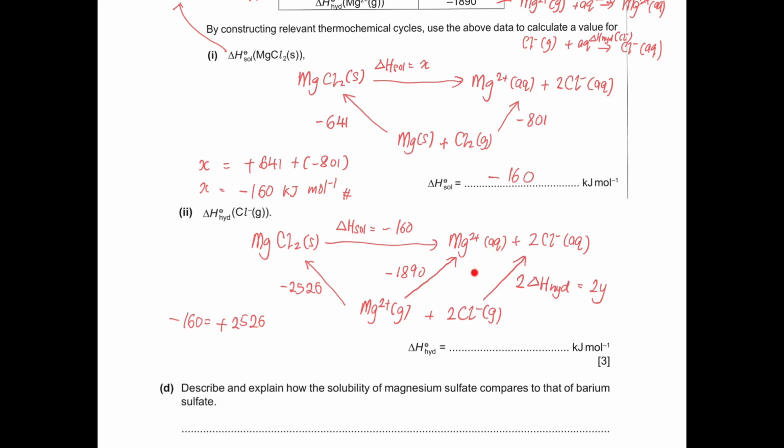Now we have to do the second step by going up. Going up is not against the arrow, it's just following the arrow, so we are not going to change sign, we just take the value straight away. So the first value, negative 1890 plus 2y. We have to solve this equation and find out the y.